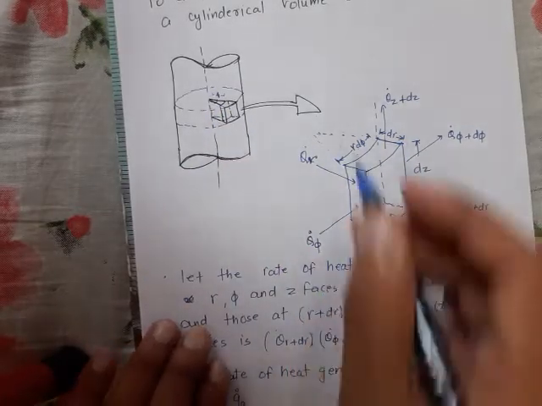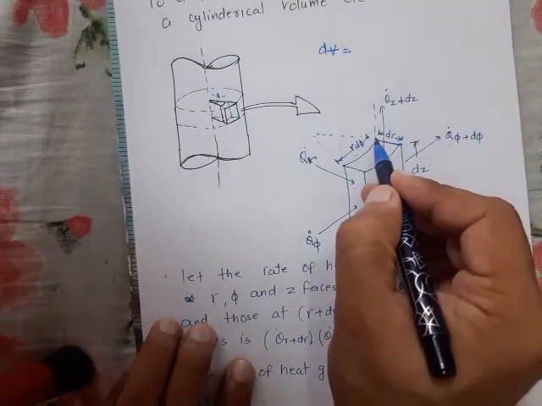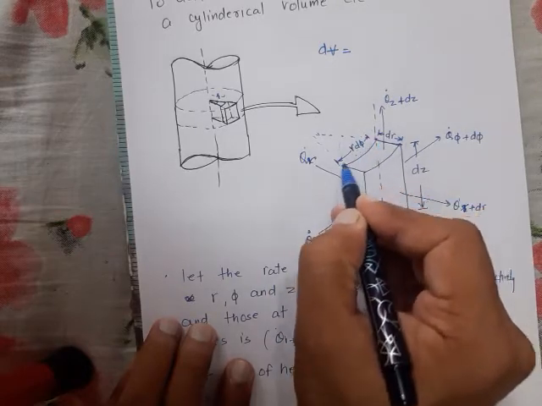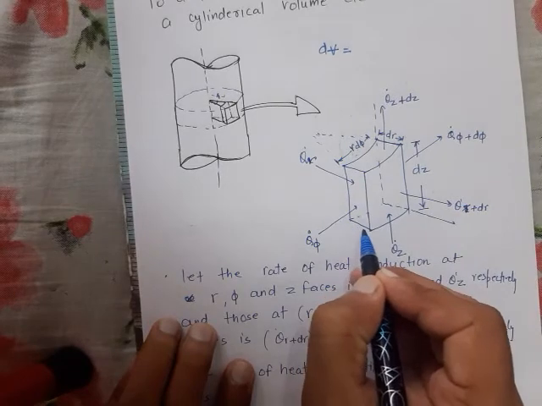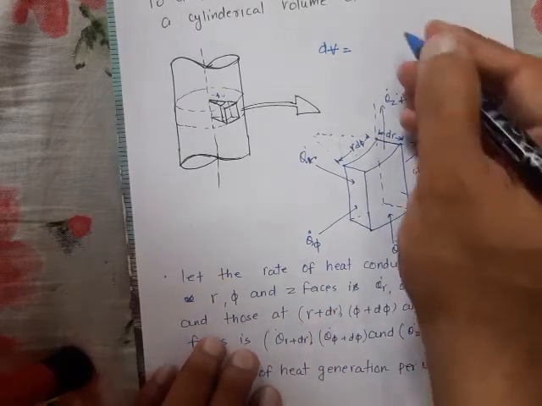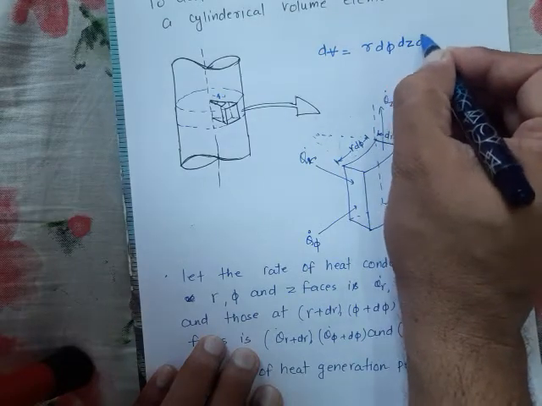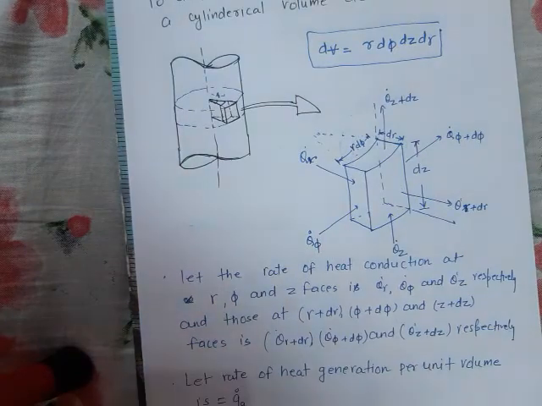The volume of the element now: since this angle is dφ and the radius is r, this dimension will be r dφ. This height is dz and this thickness is dr. So the volume of the element would become r dφ dz dr. It is very simple.